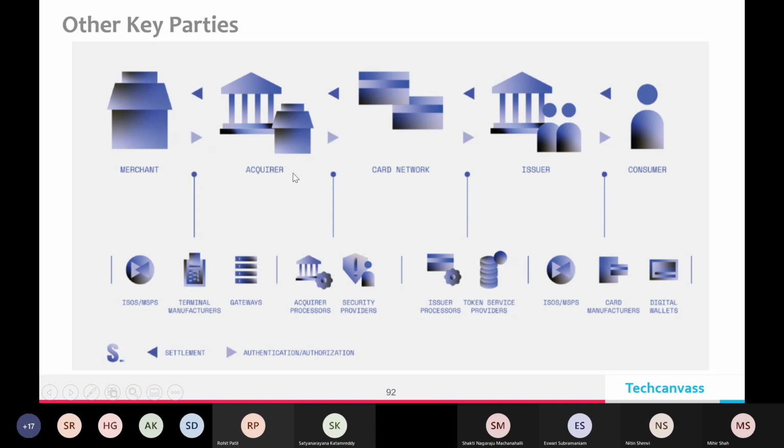And from acquirer to card network, the acquirer processors are there. And from card network to issuer, you can see that issuer processors are there, and token service providers are there. We'll talk about tokenization. And then from issuer to consumer, you have the card manufacturers, and for consumers, digital wallet providers, and there are so many third parties who market the credit cards.